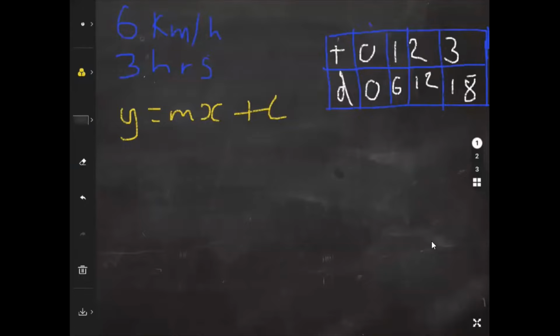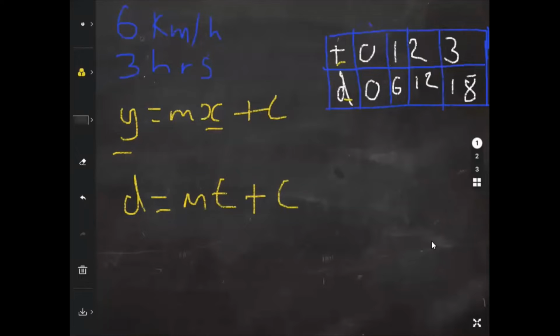So we need to replace our y and our x in our formula with our d and our t values. Our d was our distance, which we used on our y-axis, and our t is our time, which we used on the x-axis. So d is equal to m t plus c.